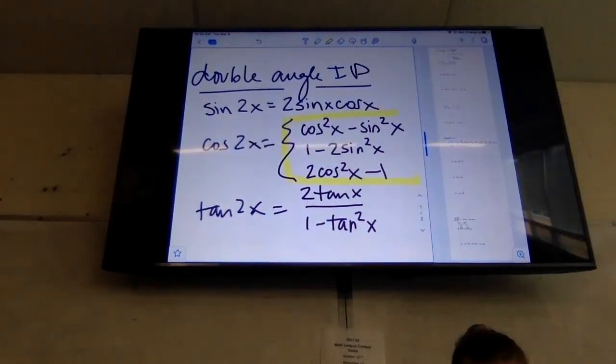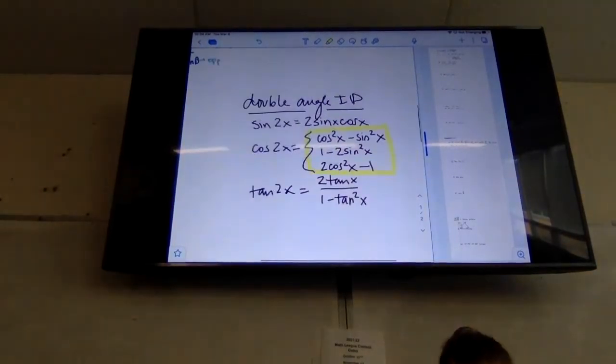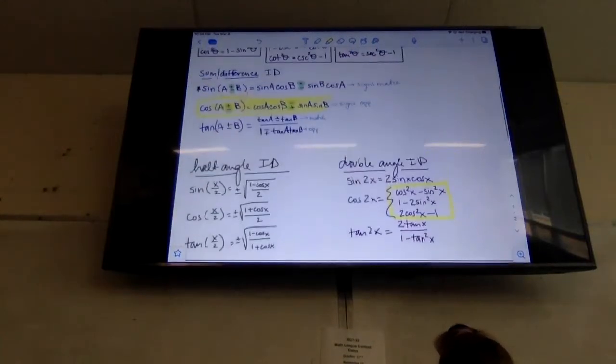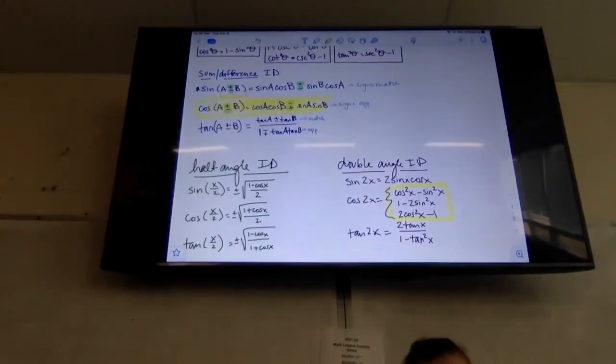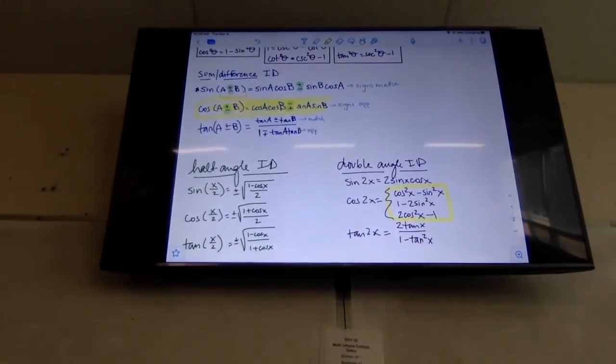I'm going to make sure these are highlighted because those three go together. So these are essentially all the identities we've learned in 5.3 and 5.4.